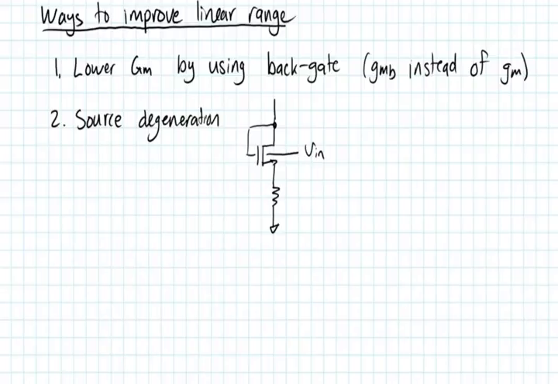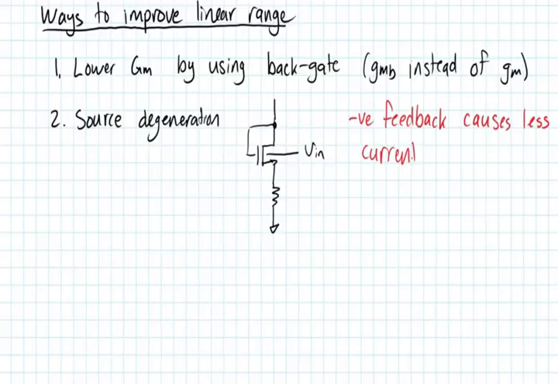And so essentially what ends up happening is we establish some sort of negative feedback that causes less current per unit of input voltage change. And that's exactly akin to actually reducing the GM.